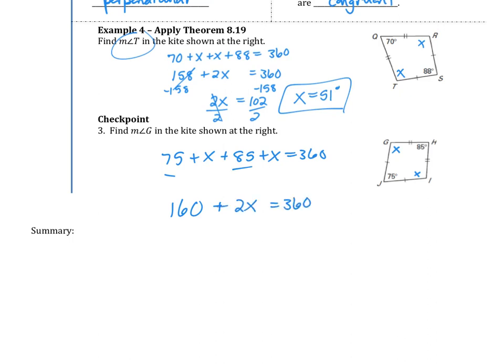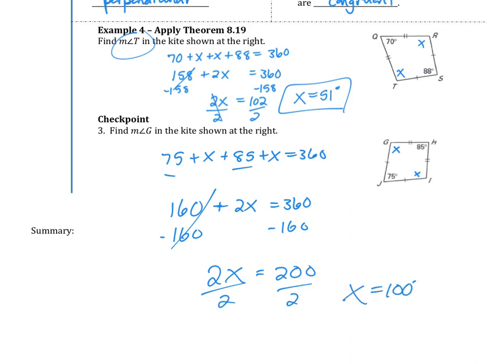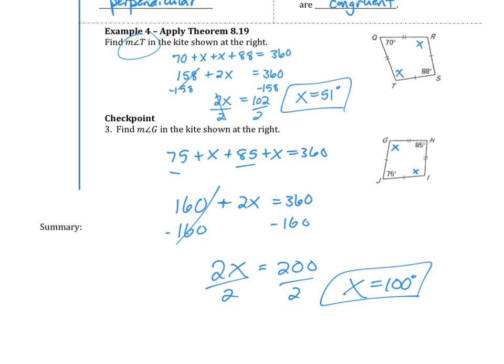So we get 160 plus 2x equals 360. We subtract 160 and we get 2x equals 200. Divide by 2 to get x equals 100 degrees. So angle G and angle I are going to be 100 because they have to be congruent. All right, and that's all we have for kites and trapezoids.